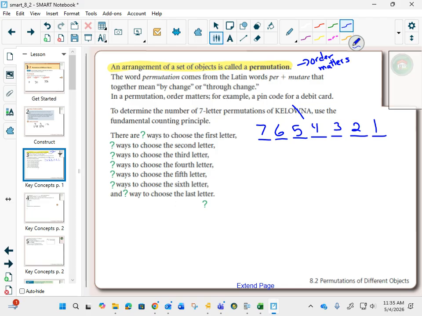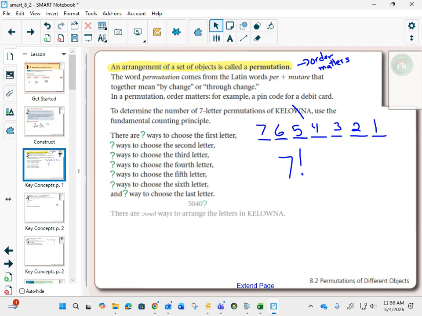And this happens often enough in counting that they have included a notation for this with an exclamation mark, which I showed you before. So 7 with an exclamation mark doesn't mean you yell it out. I mean, you can if you want to. 7! Be very excited. But it means 7 times 6 times 5 times 4 times 3 times 2 times 1.